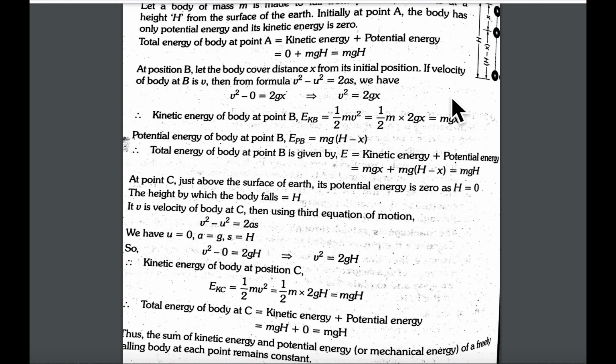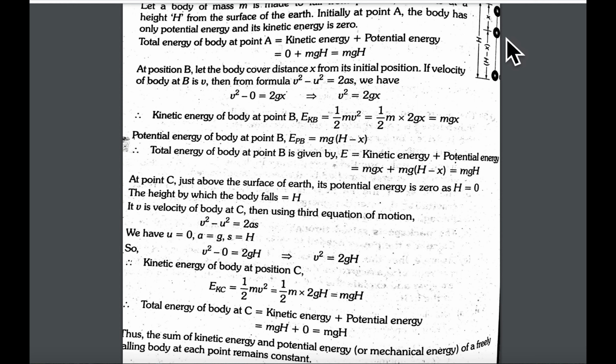Now what is h? The total height, but the object is at this point and this is the x, so the height at point B will be h is complete and x is covered, h minus x. So potential energy of the body at point B is equal to mg, and instead of complete h, we have to write h minus x.